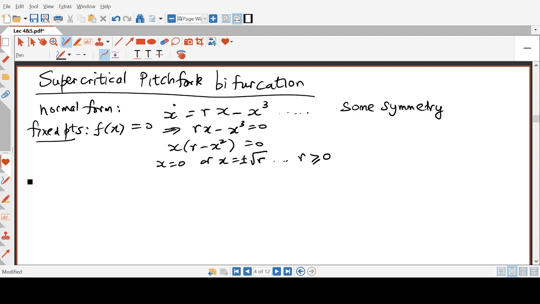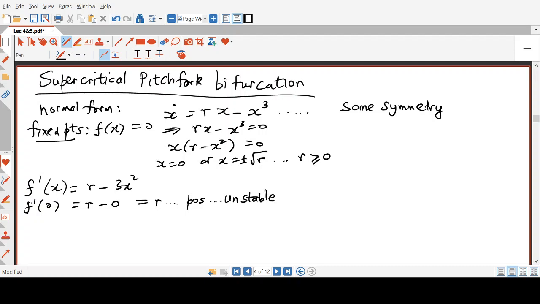So let's test the stability. f dash of x will be r minus 3x squared, differentiating with respect to x. Plug in each of the equilibrium points. f dash at 0 is r minus 0, which is r. r is positive here, so this is going to be unstable. For r positive, it's unstable.